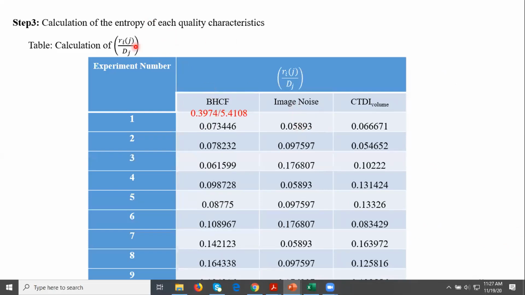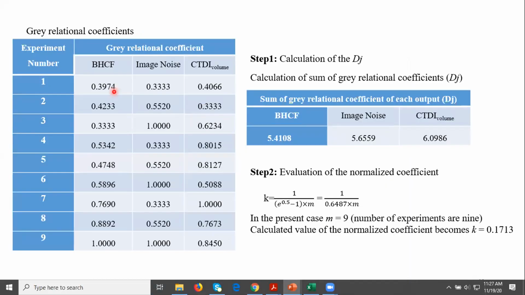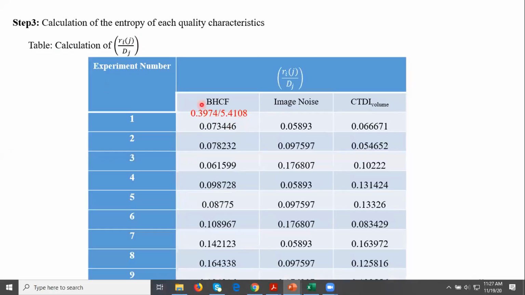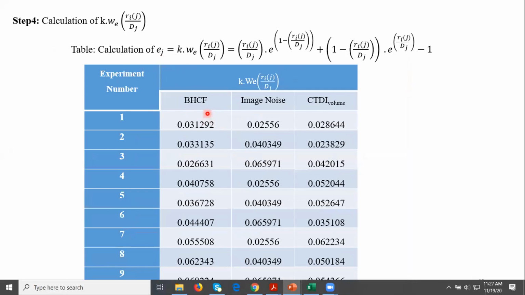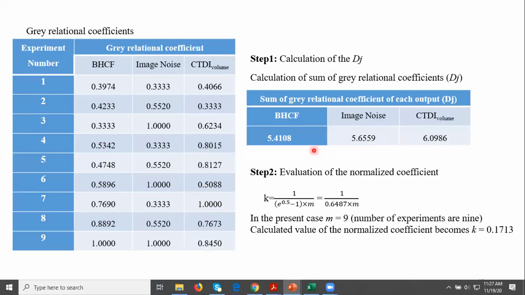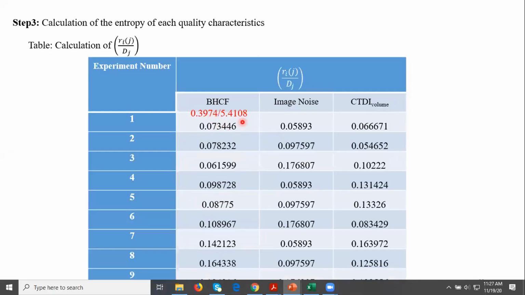So Rij by dj, for example the beam honey correction factor for the first experiment, the gradation grade is 0.3974. That is taken, divided by the total gradation coefficient average value. That I am representing as the entropy quality factor.